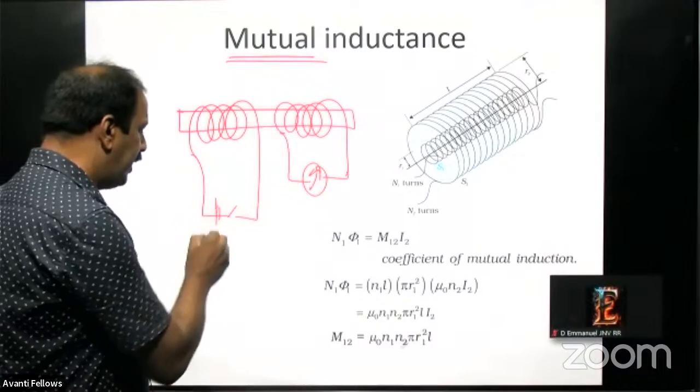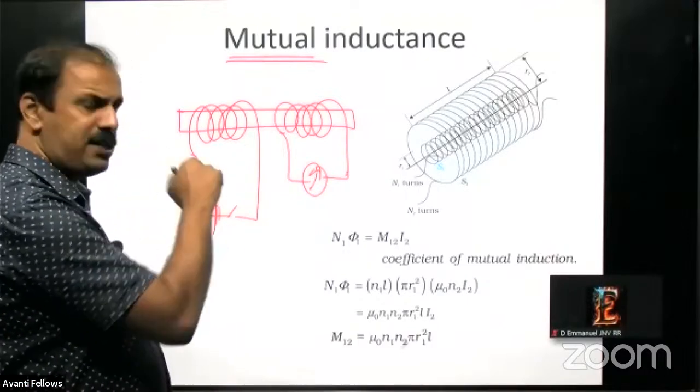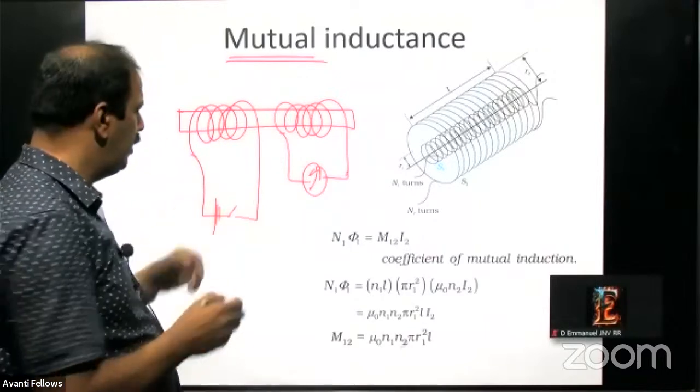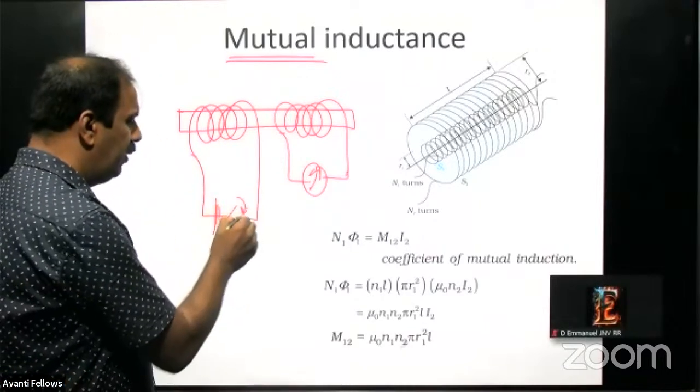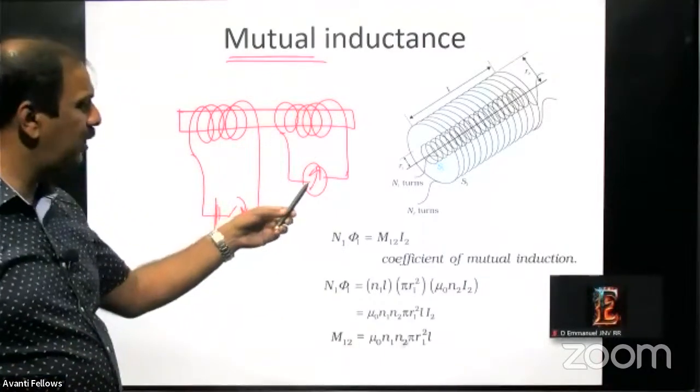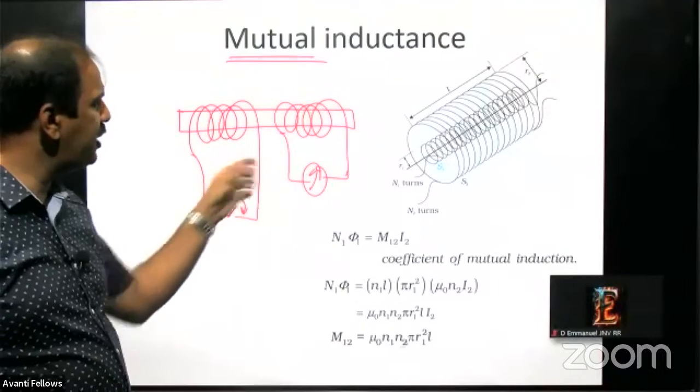This was at the 10th standard level. What we can observe is the same as the first experiment we did here. This rod is there, that's all. In the first experiment, when you tap the key, it will induce an EMF in this one, or it will show a deflection. That is called mutual induction.